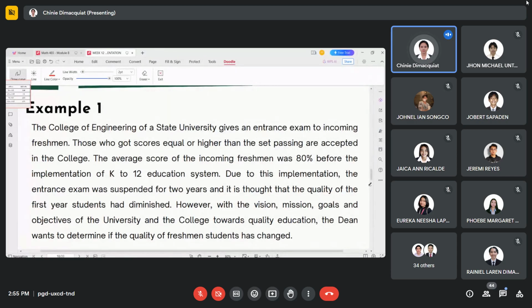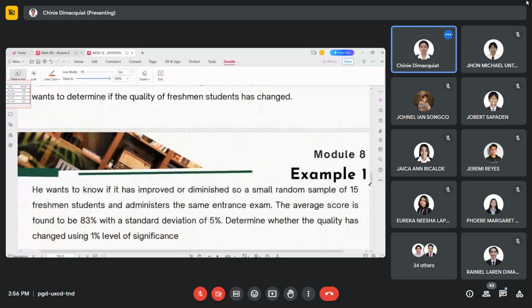Due to this implementation, the entrance exam was suspended for 2 years, and it is thought that the quality of the first-year students had diminished. However, with the vision, mission, goals, and objectives of the university and the college towards quality education, the dean wants to determine if the quality of freshman students has changed. Ayan. So he wants to know if it has improved or diminished.